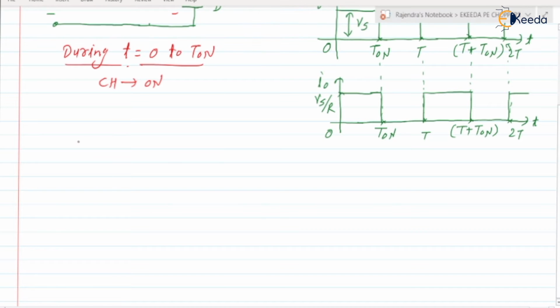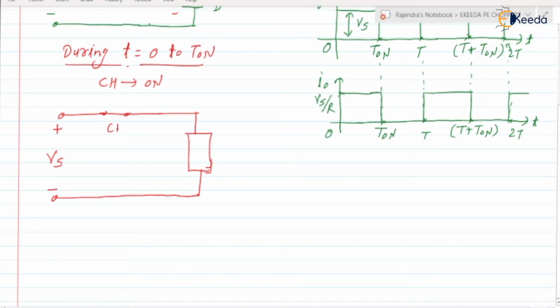So the equivalent circuit will look like this. Here we have a load, which as I said is resistive. This is the positive plate of the supply and the negative plate of the supply. This is Vs. Here is the chopper, which is in the on state. This voltage is V0 and the current is I0. This is the load.